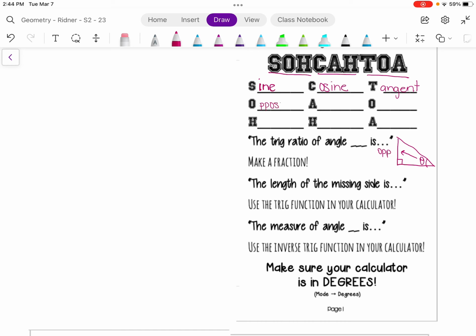So anytime you see O, it's for opposite. Okay. H should be the hypotenuse. And it's always across from the right angle. So draw yourself lines every time if you need to.